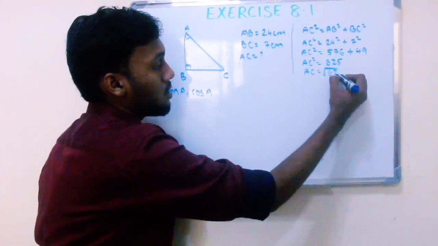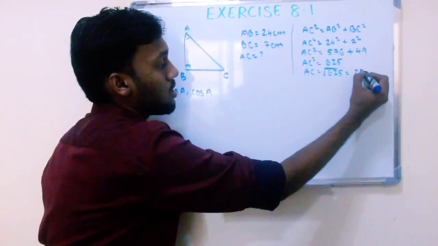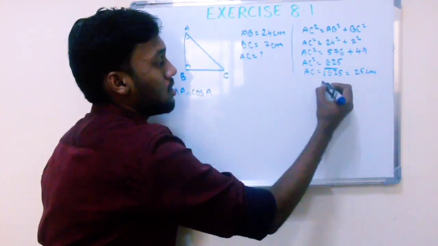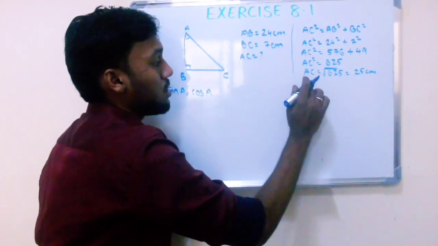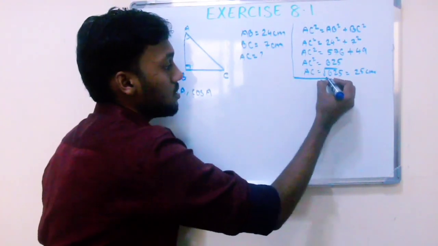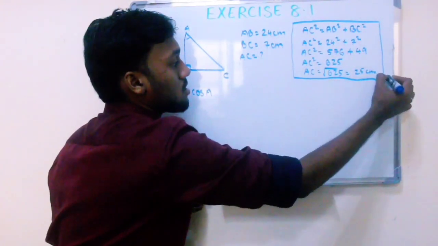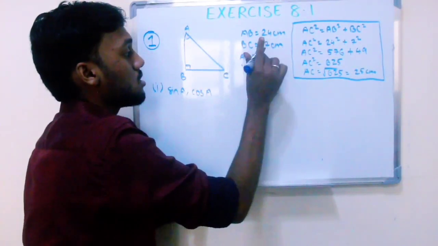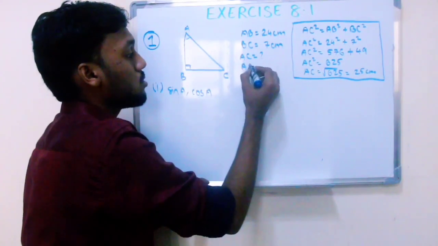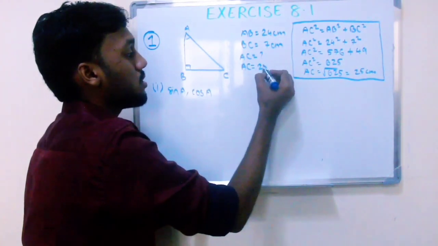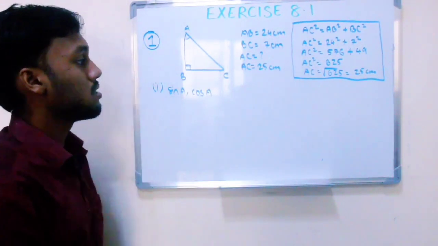Root of 625 is equal to 25 centimeter. So we have found AC now. We'll put this in a box, and write AC is equal to 25 centimeter.